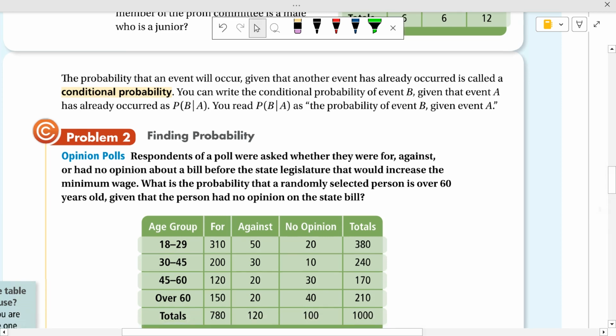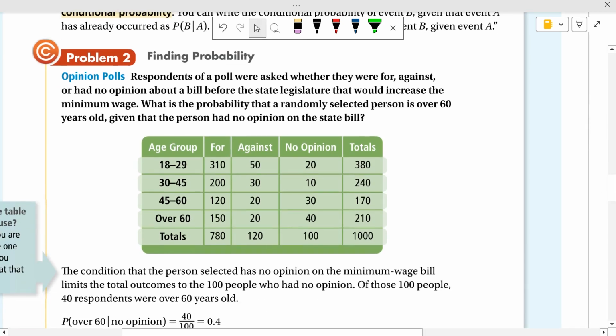So if we look at this, opinion polls. Respondents to a poll were asked whether they'd vote for, against, or had no opinion about a bill before the state legislature that would increase the minimum wage. What's the probability that a randomly selected person is over 60 years old, given the person had no opinion on the bill?